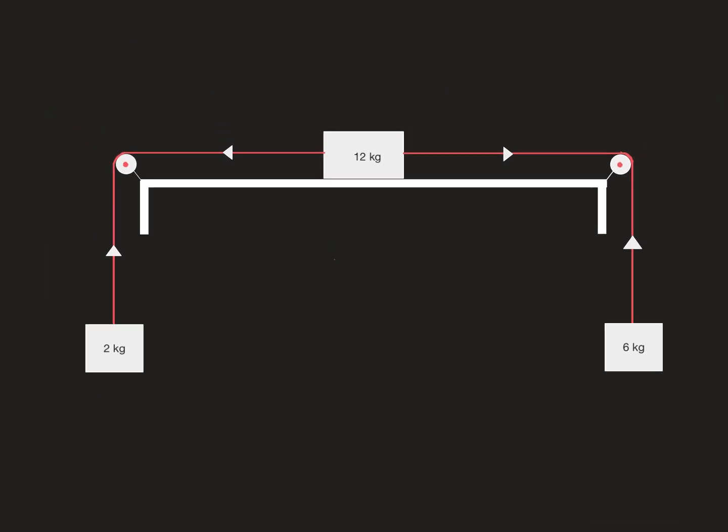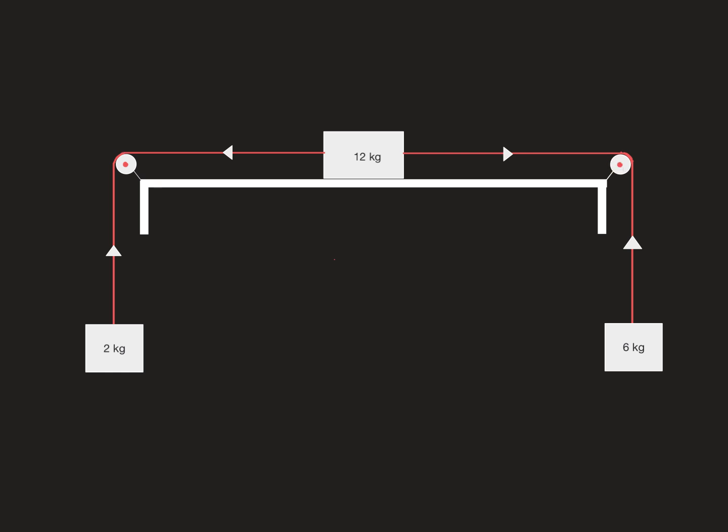Here we have a diagrammatic representation of what we have just read from the question. We have a 12 kilogram mass that is resting on a smooth horizontal table, and at the edges of the table we have pulleys.